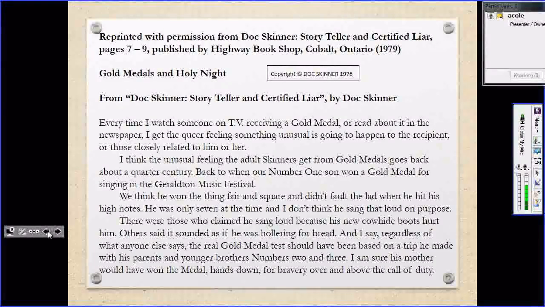So the fact that the oldest son won a gold medal in the music festival in Geraldton, and then proceeded in this story to drive everyone crazy while they dealt with the snow and the driving, makes it funny.